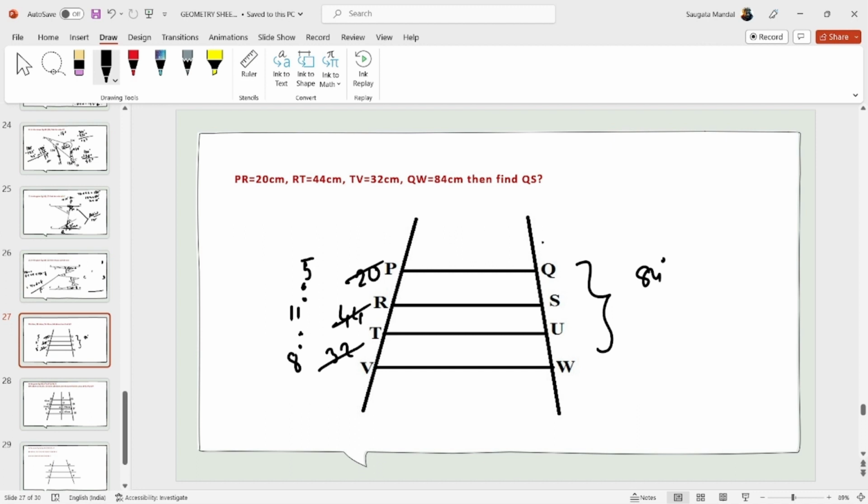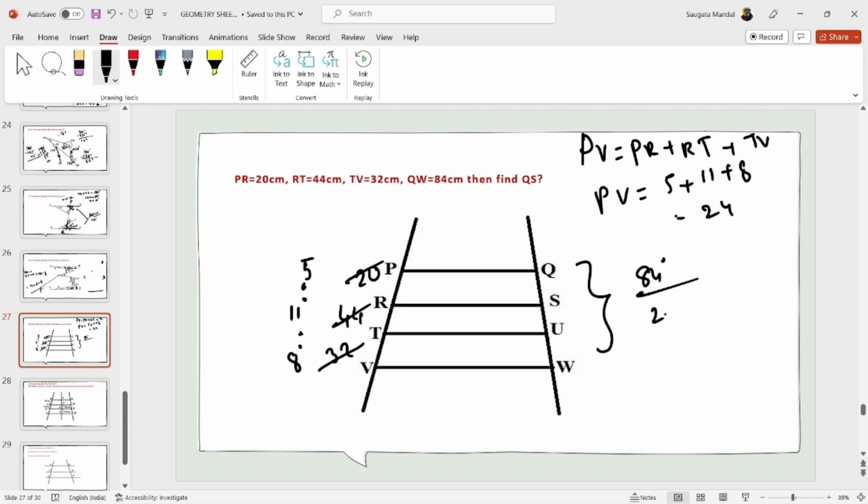What is the sum of these values? PV is equal to PR plus RT plus TV. PV is equal to 5 plus 11 plus 8, that is 24, but in the question it is given 84. So 84 divided by 24, and what is the value of QS?